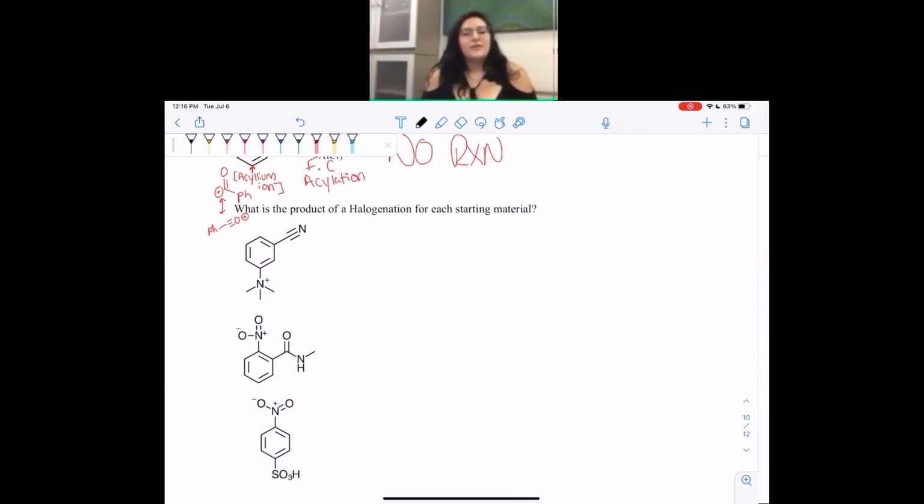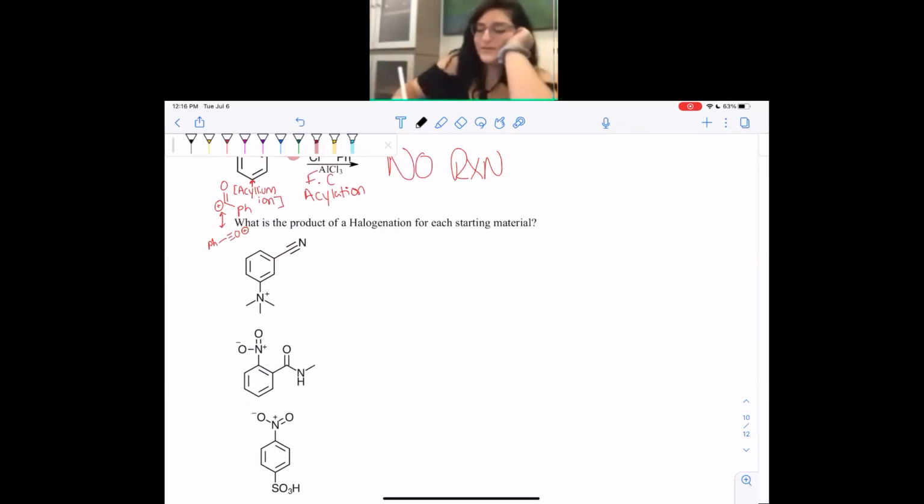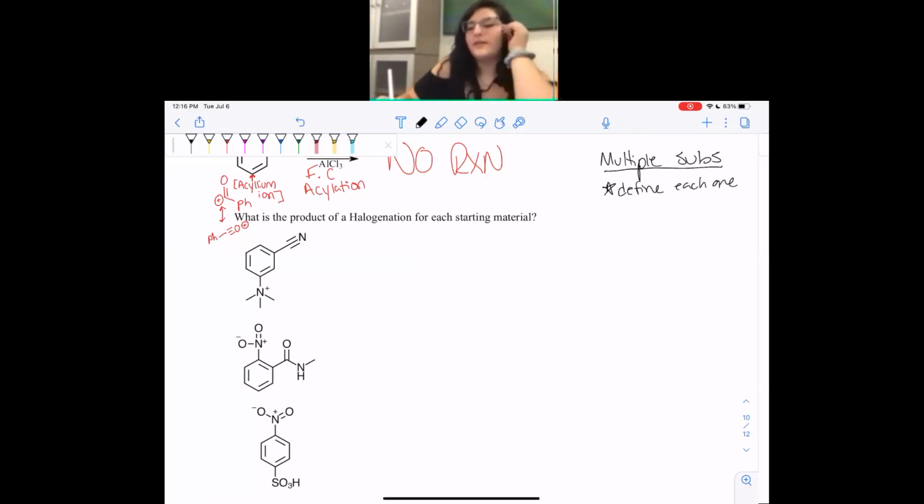Okay, so when we have multiple substituents on the ring, I'm going to do a little notes. When you have multiple substituents, you're going to define each one. So figure out whether they're activators, deactivators, strong, weak.